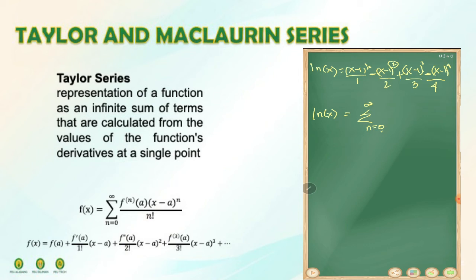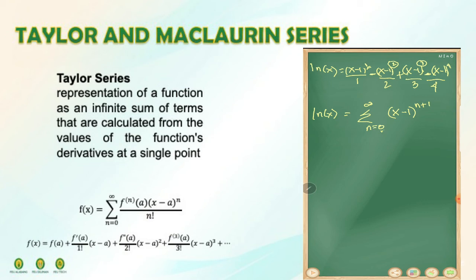When n is equal to 2, we need to get 3, and so on. So the exponent is always 1 more than our n value. So we have to get n plus 1. This is going to be (x minus 1) raised to n plus 1.